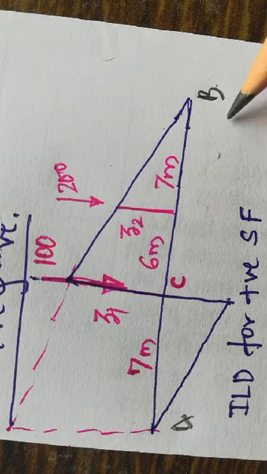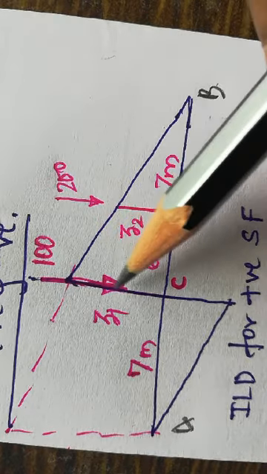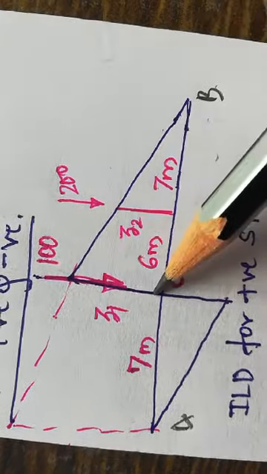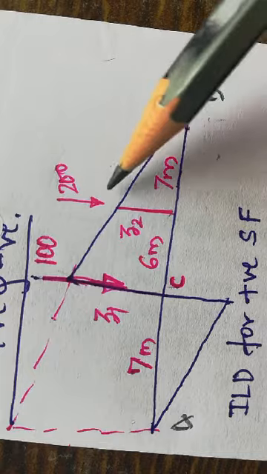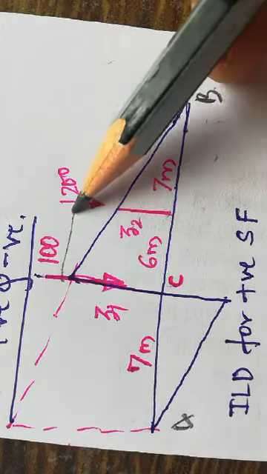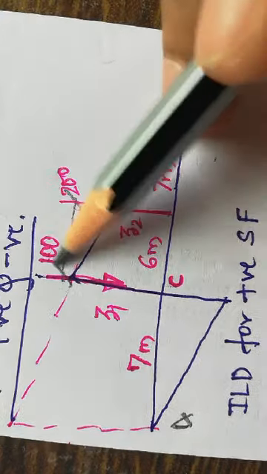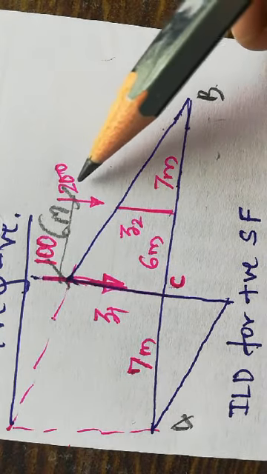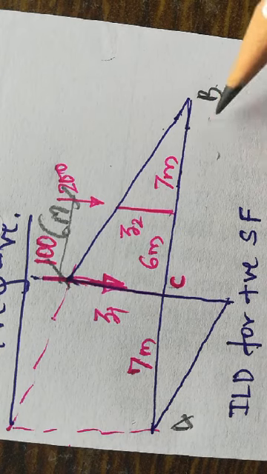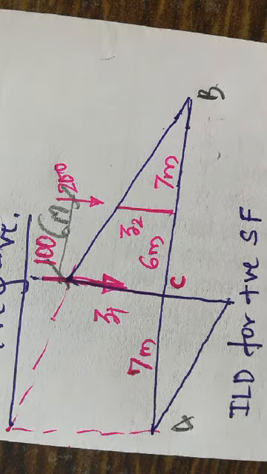Once it is in the CB section, exactly at C I will be having 100 and then I will be having 200 kilonewton. The distance between 100 and 200 kilonewtons will never change. As in the given problem, it is 6 meters. So we have to rearrange the other terms.